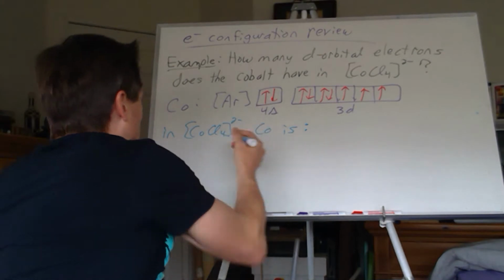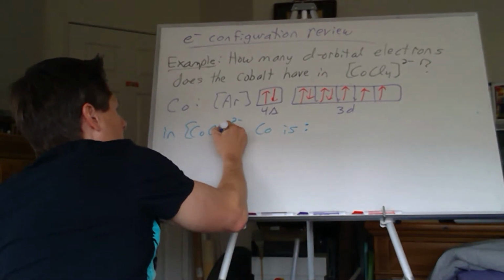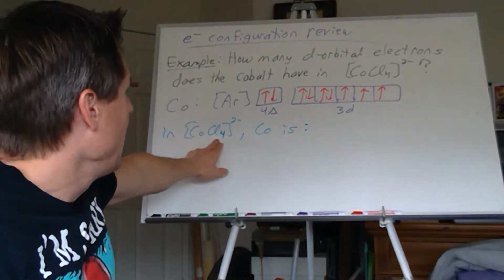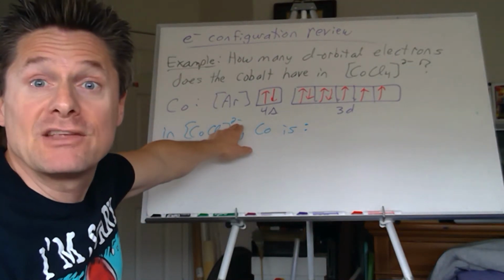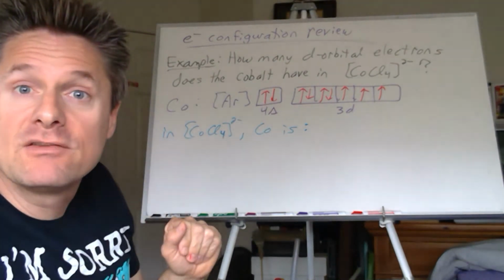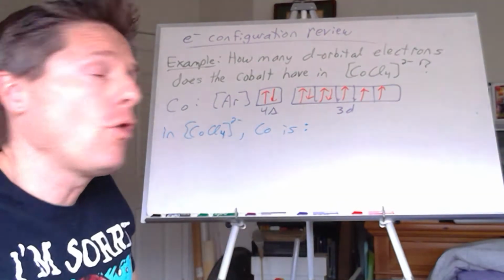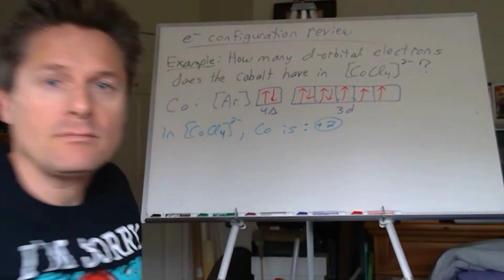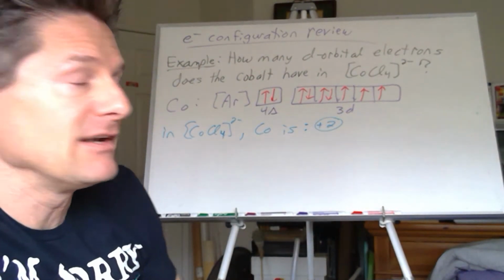So I've got 4 of these -1 chloride ligands. And the total charge must be a -2. So what plus -4 equals -2? So hopefully you can see from that the cobalt is a +2. So oxidation number is a +2 in that scenario.